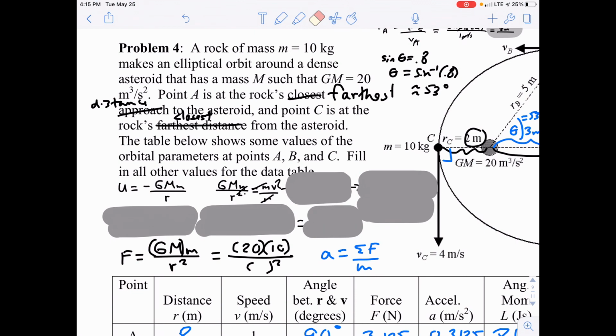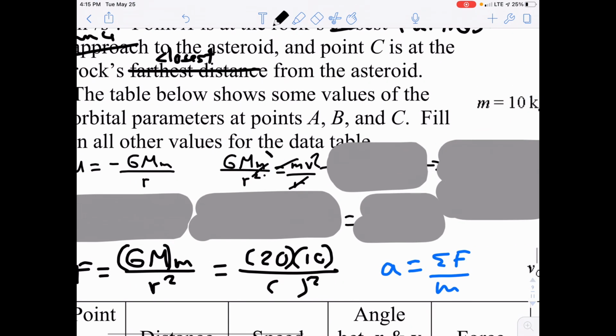Now, if we take the idea that gravitational forces are centripetal forces, mv squared over r, we can see we're going to cancel m on both sides. We'll cancel a factor of r on both sides, and we're left with v squared equals GM over r.